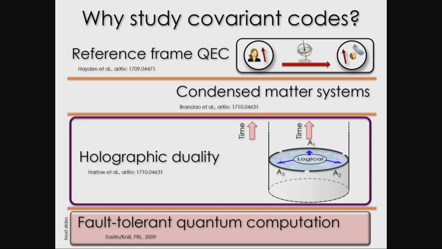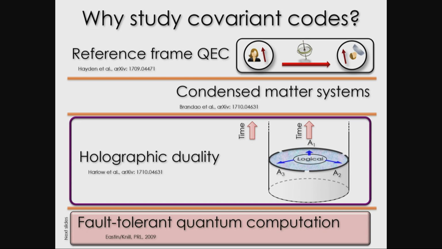Another example is in condensed matter systems, when you would like to encode your logical information in a subset of the physical Hilbert space. Again, you might have Hamiltonian time evolution acting on the logical Hilbert space and the physical Hilbert space. In these cases, time translation is a symmetry for which the code is covariant.